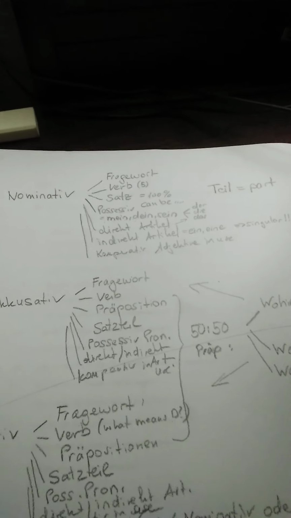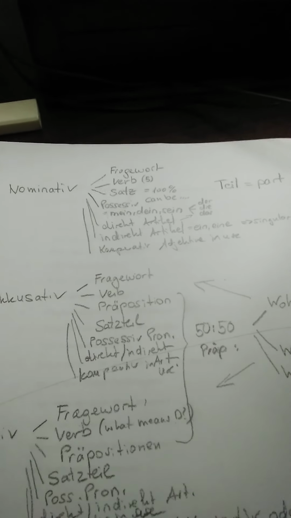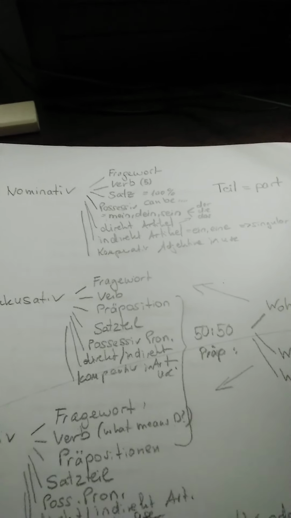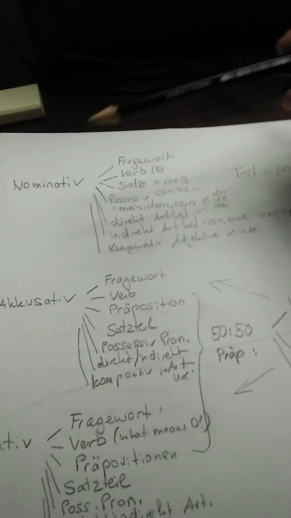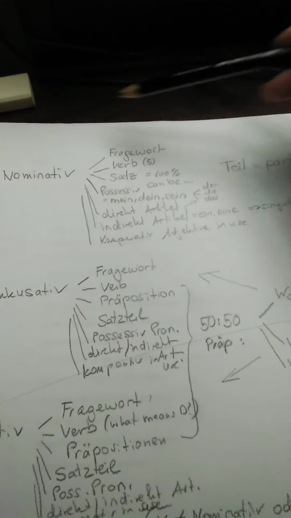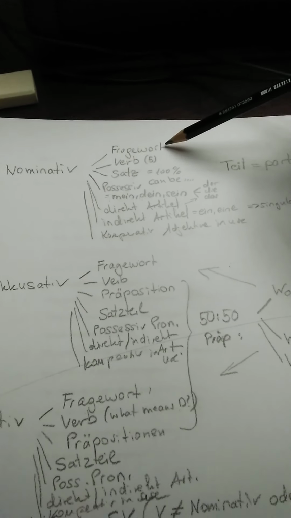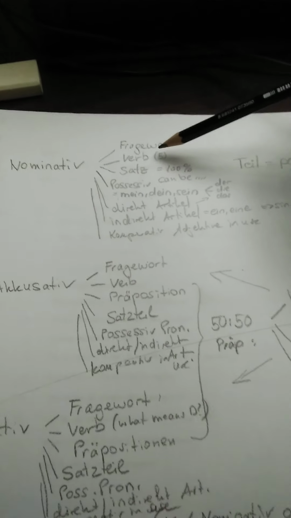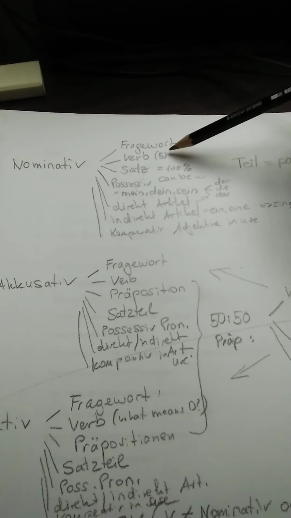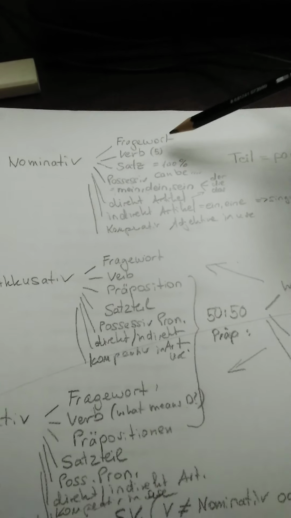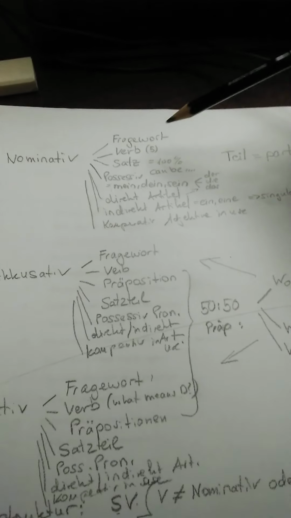And if you don't understand this and you guess and this is wrong, the whole sentence is incorrect. So we have nominative, and I was explaining you, we have maybe a Fragewort, we have maybe a verb, and I told you we have in total only 5 in nominative.